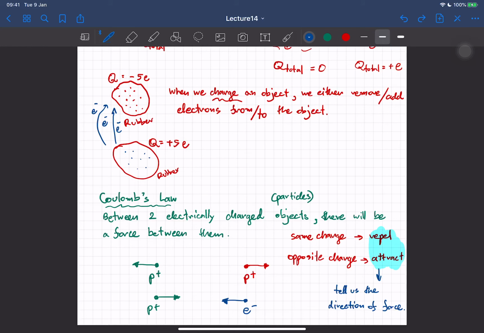When they attract, the force is pointing into each other like this. And the other thing that we find from experiment is that the direction of the force, no matter whether it's repulsion or attraction, is always along the line joining the two particles together like this.